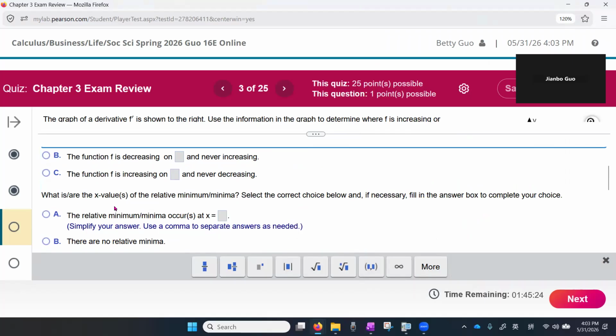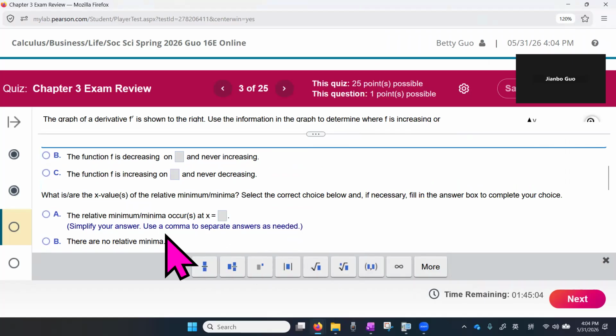Second part, what are the values of x of the relative minimum or maximum? Select the correct answer. Okay, let's see.